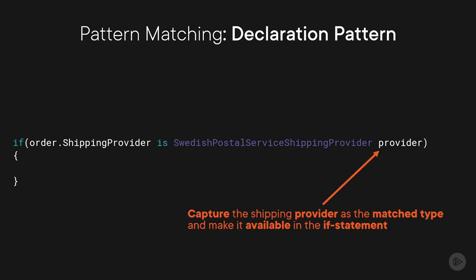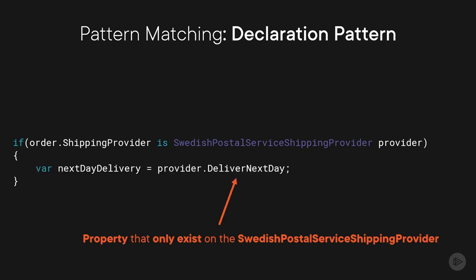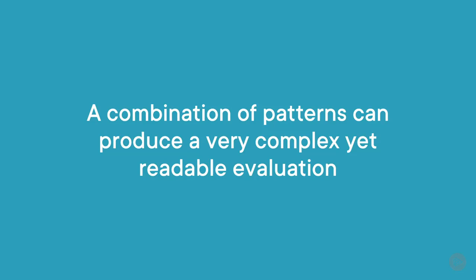This will mean that inside this statement, you can use the provider variable as a Swedish postal service shipping provider without having to perform any explicit cast yourself. We've reduced the amount of code by a fair bit, and this becomes even more powerful when a more complex pattern is applied. Throughout this module, you will explore all the available patterns and how they're used in different ways.